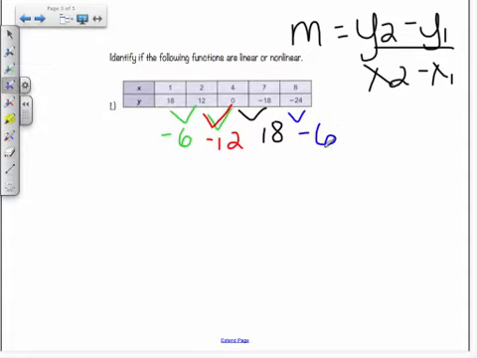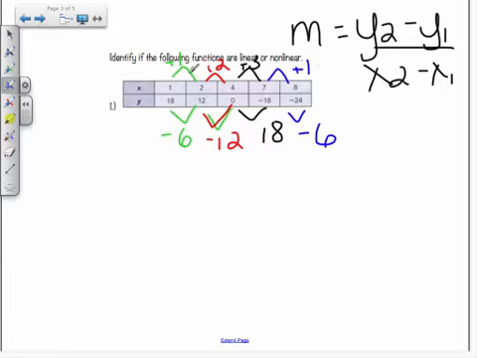Okay, and I'm going to do the same thing for my x values. So these x values are increasing by 1. These x values right here are increasing by 2. These x values right here are increasing by 3. And these x values right here are increasing by 1 from 7 to 8.